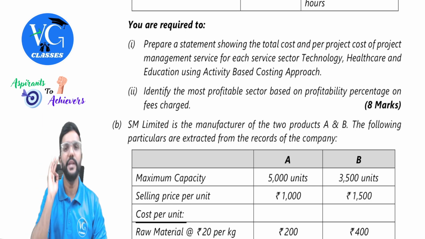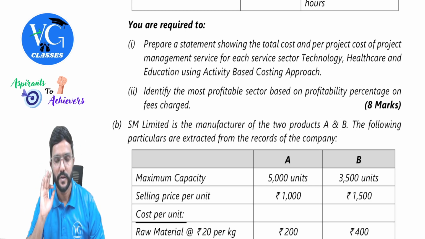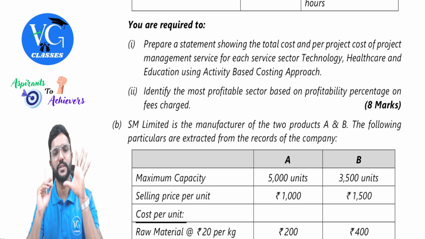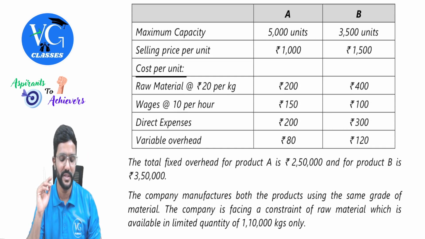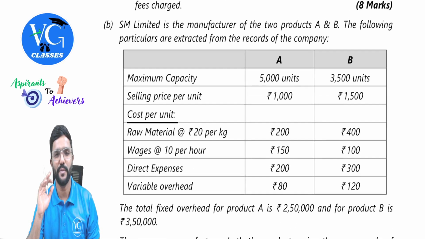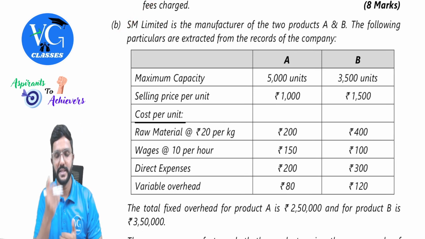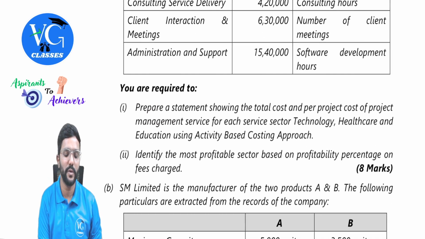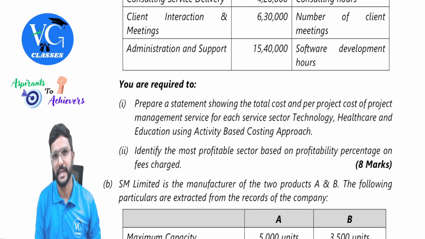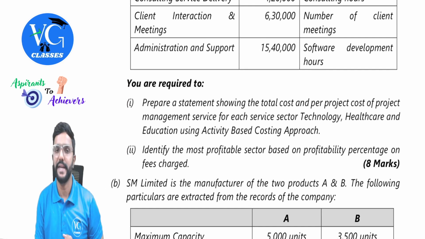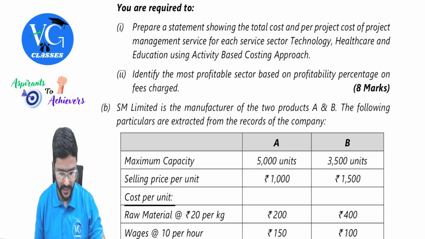Whereas if the question is small, I would suggest go with the straight approach. You can start reading the data, then you can read the requirement. But when it is lengthy, it is always good to know what is the requirement, that is, what you are supposed to calculate, and then you read the data. Got it? Fine.